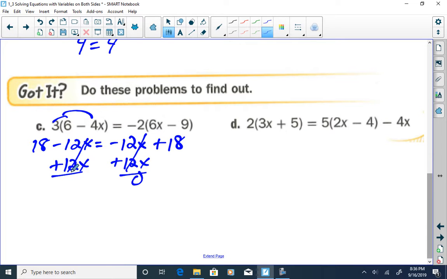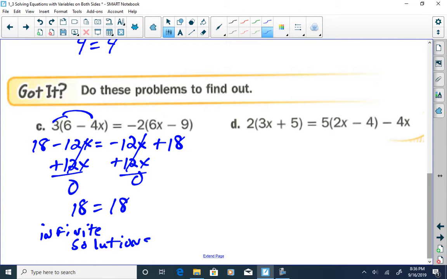They cancel. I'm left with 18 on the left side of the equation, left with 18 on the right side of the equation. And that's an example of infinite solutions, because I have the same constant left on both sides of the equation. So those are infinite solutions.